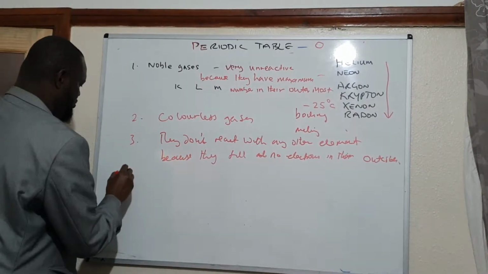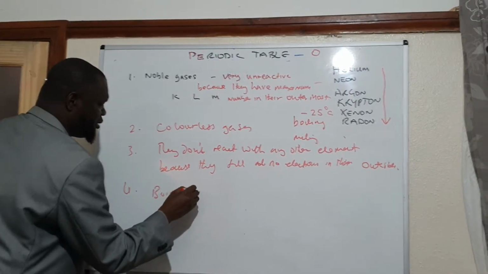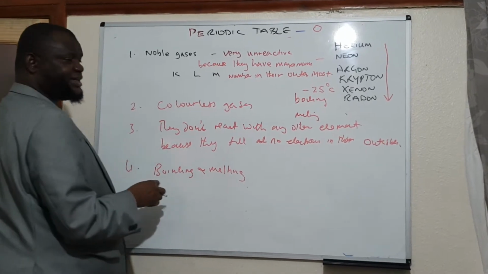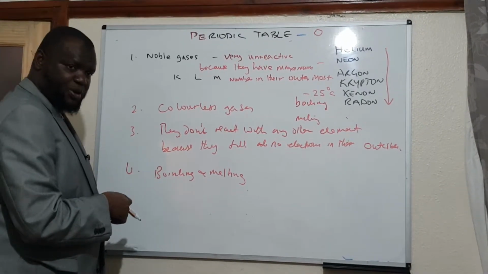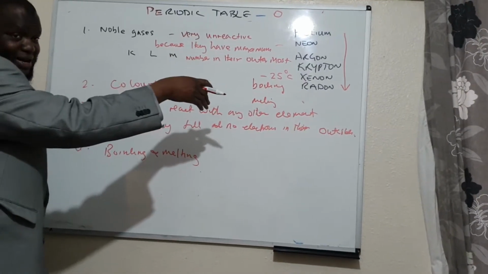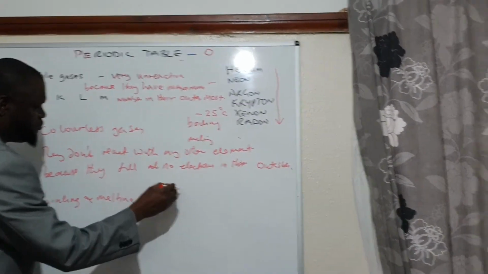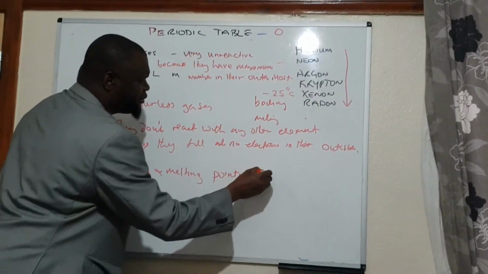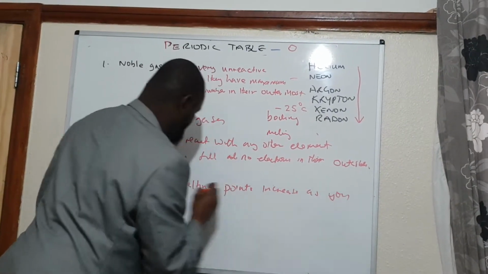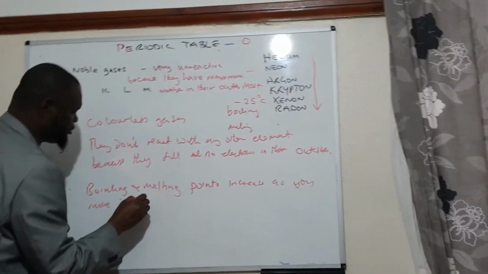Number 4, we said that the boiling and melting points, and we explained what a boiling point is. This is the temperature at which it turns from liquid to gas. Although these are already gases, they still have boiling points. Melting points increase as you move down the group.